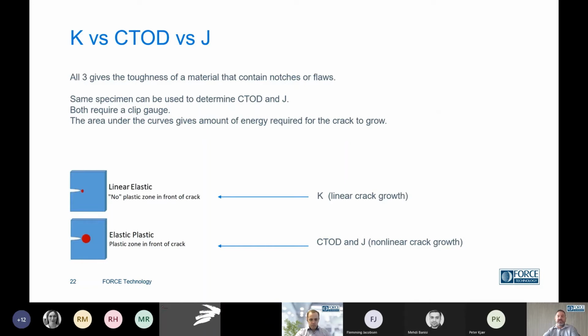But the key difference is that we've got linear elastic conditions and elastic plastic conditions. In other words, if we've got no to very little plastic zone in front of the crack, then we'll use K, and if there is a good plastic zone in front of the crack, then we'll use CTOD and J. Of course, that's for the elastic plastic crack behavior.